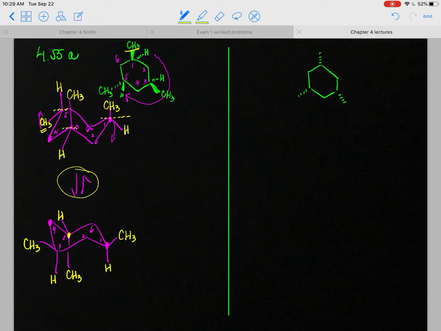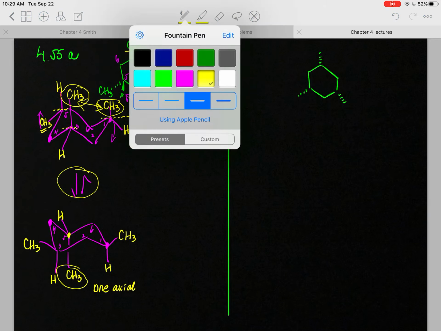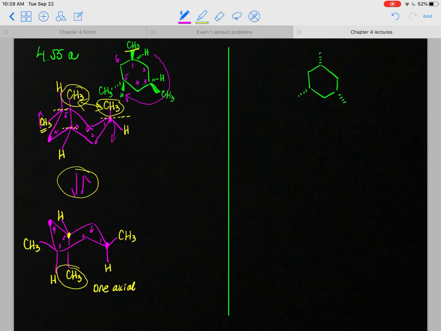We want to identify axial groups and count them up. So this has two axial methyl groups, and they are on the same side of the ring, so they're totally bumping into each other. This one has only one axial group. So far this is the winner, but let's see what the other one on the right looks like.